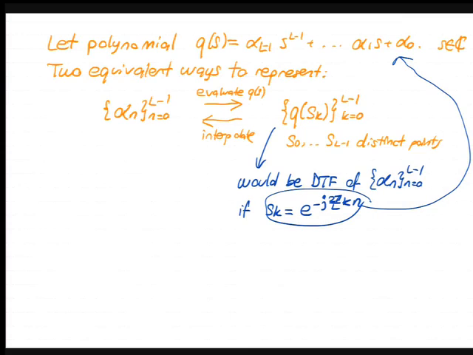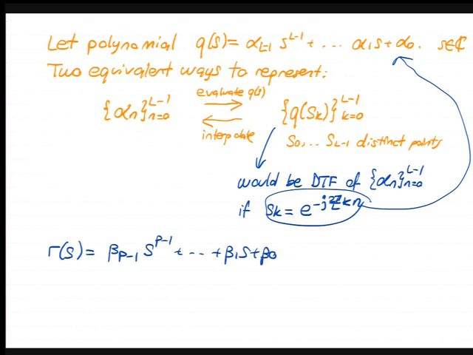But then let's see what it means to multiply two polynomials. That's why I asked you at the beginning. I said multiply Q of S and R of S. Let's now define R of S to be another polynomial, beta, let's say degree P minus 1, up to beta 1 S plus beta 0.